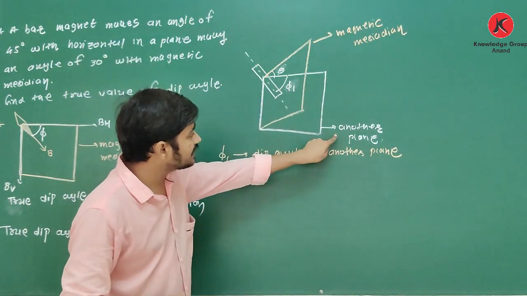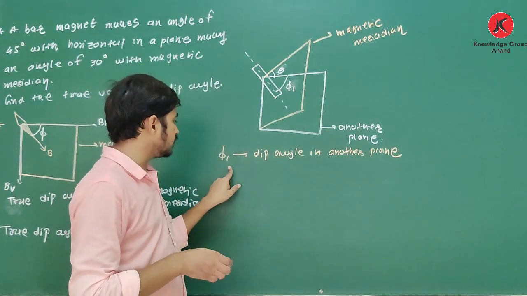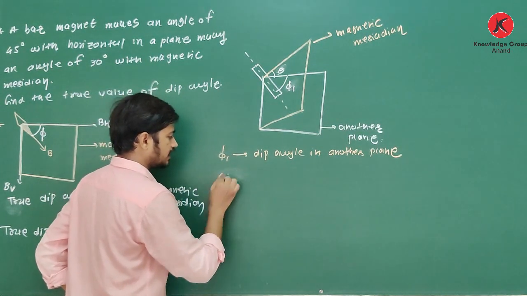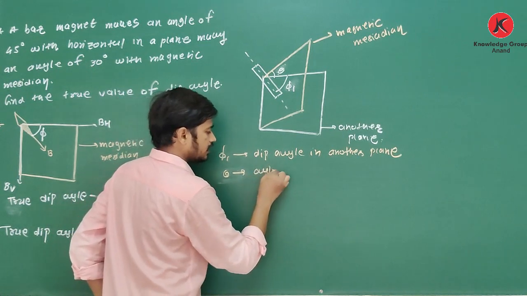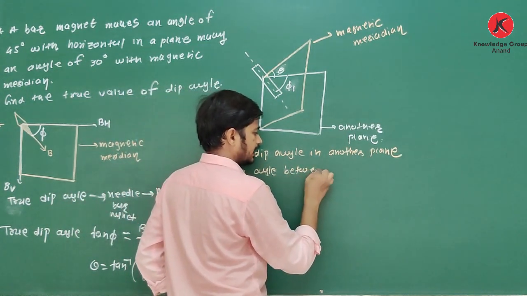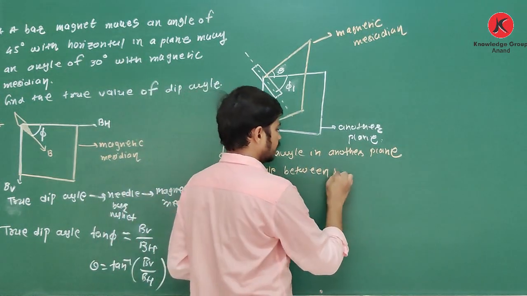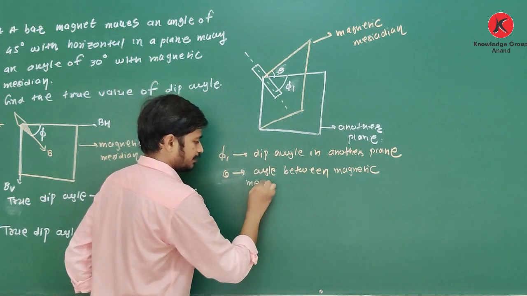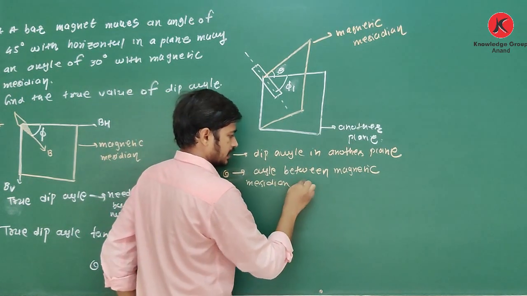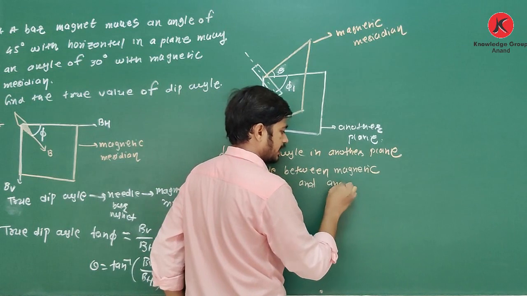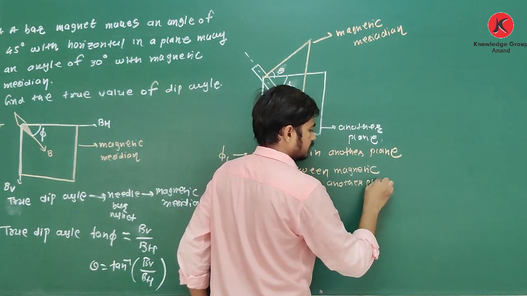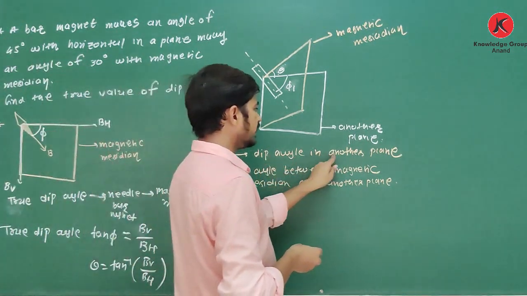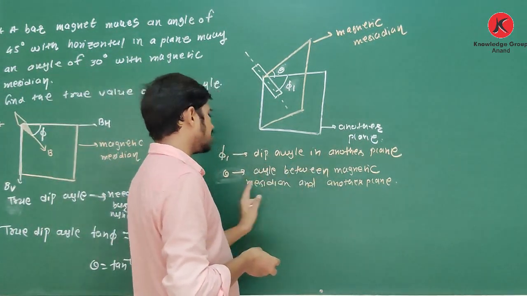This dip angle is in another plane, so it is not the true dip angle, so I have denoted it by phi 1. Theta is the angle between the magnetic meridian and another plane. Clear about this? Phi 1 is the dip angle in another plane, and theta is the angle between the magnetic meridian and another plane.